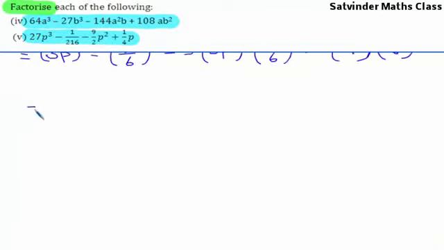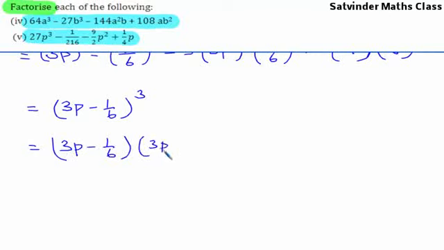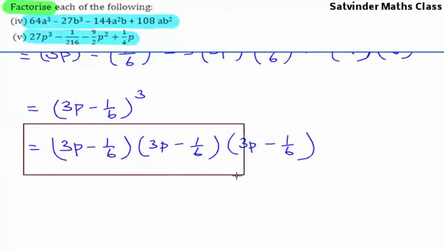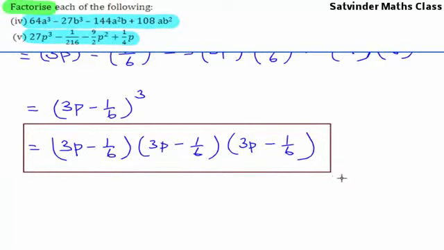Therefore, this can be written as 3p minus 1 by 6 whole cube, which is equal to 3p minus 1 by 6 into 3p minus 1 by 6 into 3p minus 1 by 6, which are the required factors of the given polynomial.